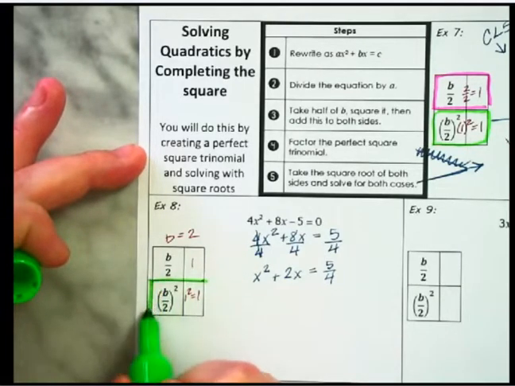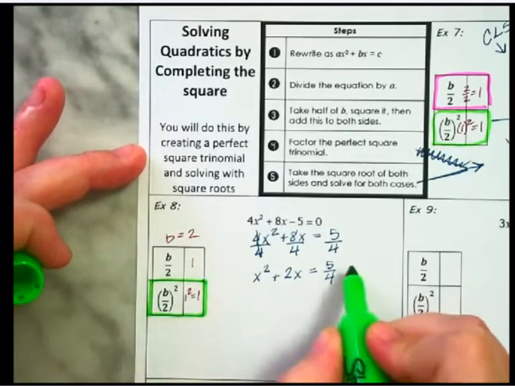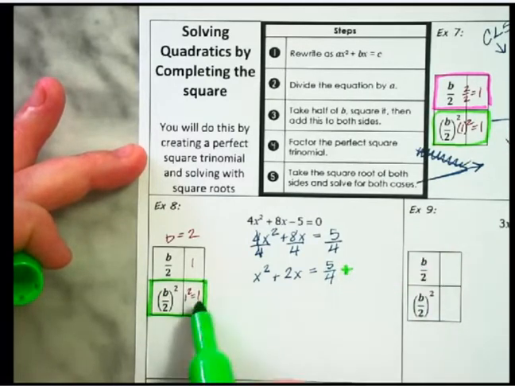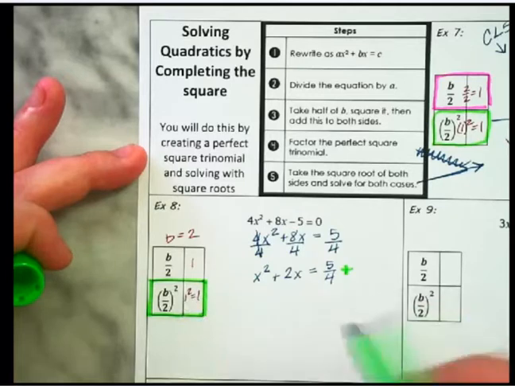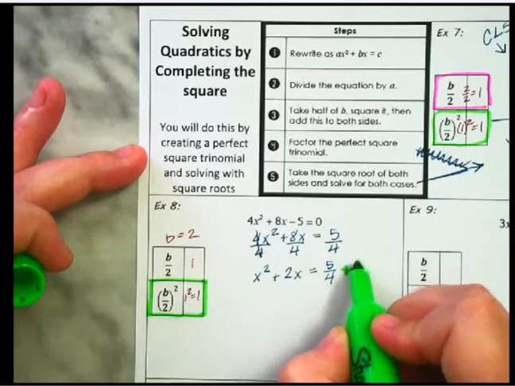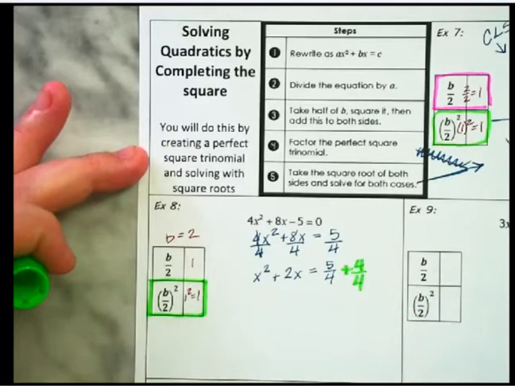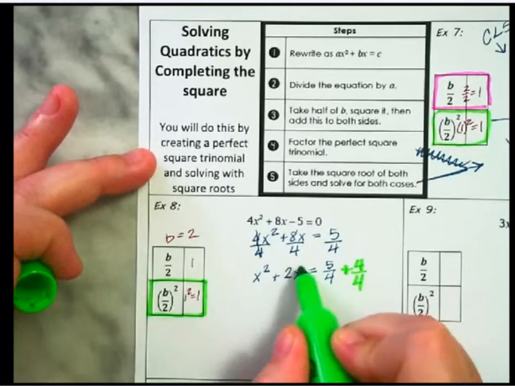After I've squared it, that's what tells me I need to add to both sides. Let me do it this way. 1 over 1, or I'm sorry, adding 1 is the same as 4 over 4. Okay, so I'm going to do it that way since I have a fraction. And then on this side, I also need to add 1.